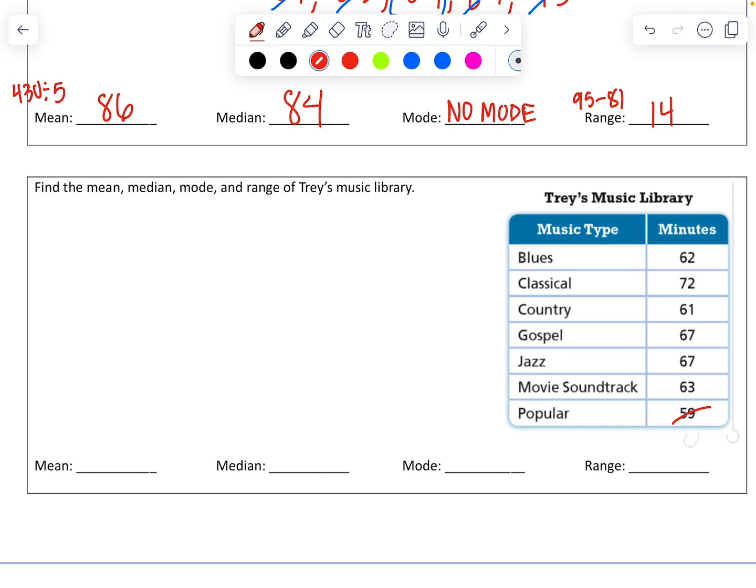All right, so to find your mean, you're going to add them all up, and then you're going to divide by 7, because I have 7 numbers. So go ahead and put that in your calculator.